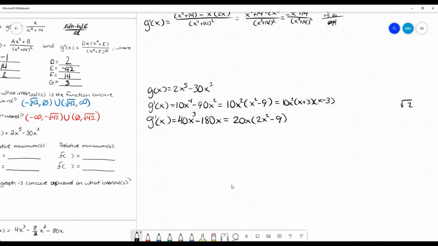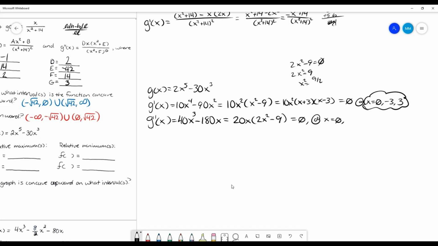Okay, so I see my first derivative equals 0 when x equals 0, -3, or 3. And I see my second derivative equals 0 also at x equals 0, but then there's this part, so x squared equals 9/2, so x equals plus or minus square root of 9/2.